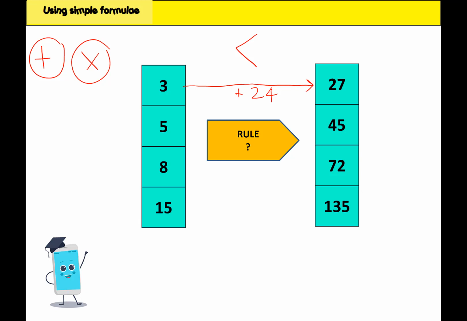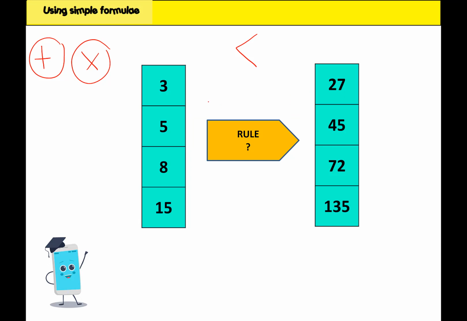We need to check now if that rule works with the other numbers. So let's start with 5. If we were to add 24 to 5, would it equal 45? Hopefully you've seen now that it wouldn't. 5 plus 24 would actually equal 29. So we know that it's not adding one single number because that didn't work.